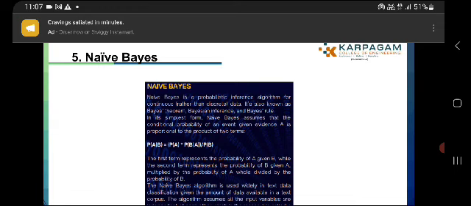So we can formulate the Bayes theorem as: the probability of A given B is equal to the probability of B given A times the probability of A, divided by the probability of B. Here the probability of A is the likelihood of the event, the probability of A given B is the conditional probability, and the probability of B is the given event that has already happened. Using these terms, the naive Bayes rule is used to find the probability of the objects.